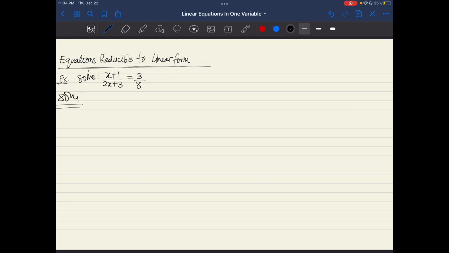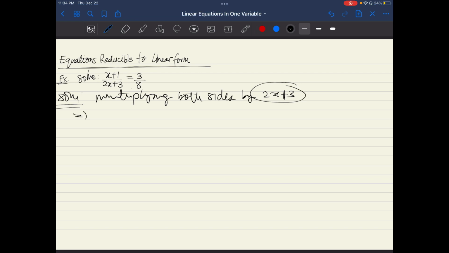In this case, we can start with getting rid of the x in the denominator. So how can we get rid of the x in the denominator? We can start with multiplying both sides by 2x plus 3.